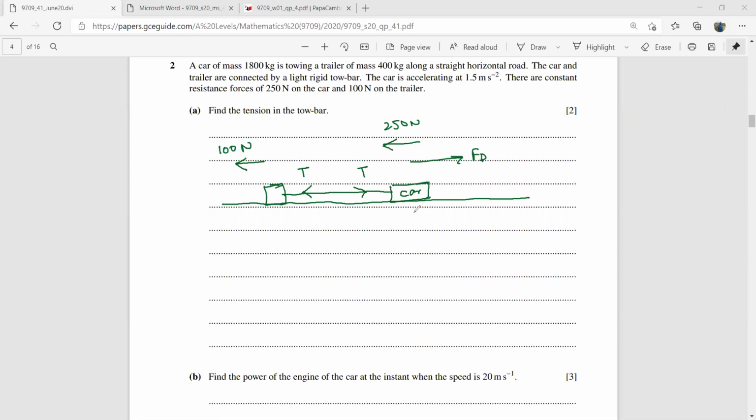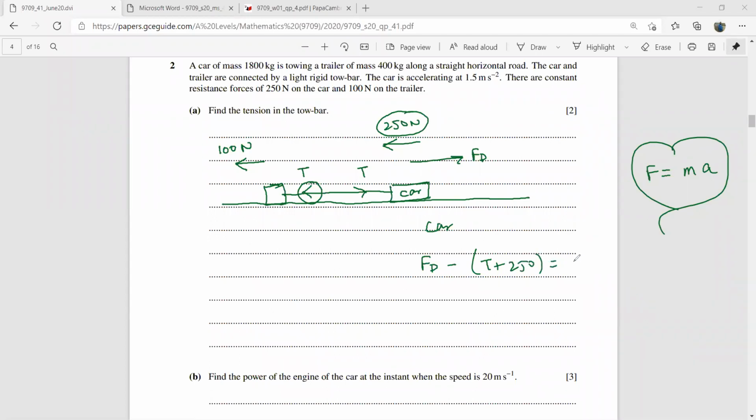Now if you apply F equals ma, that is our darling for the whole mechanics syllabus, for the car you will have this forward force minus T, the tension pulling it backwards, plus this resisting force of 250, equal to ma, that is 1800 times the acceleration.